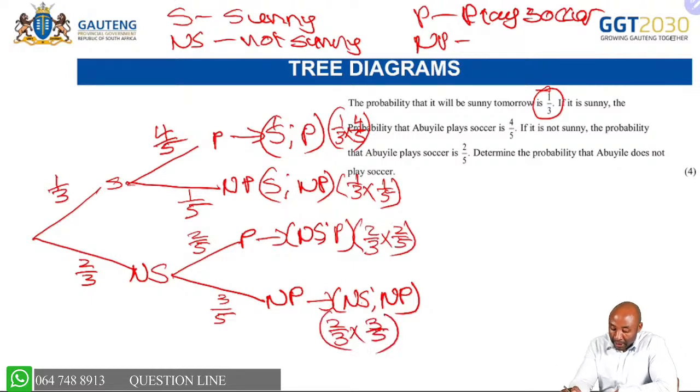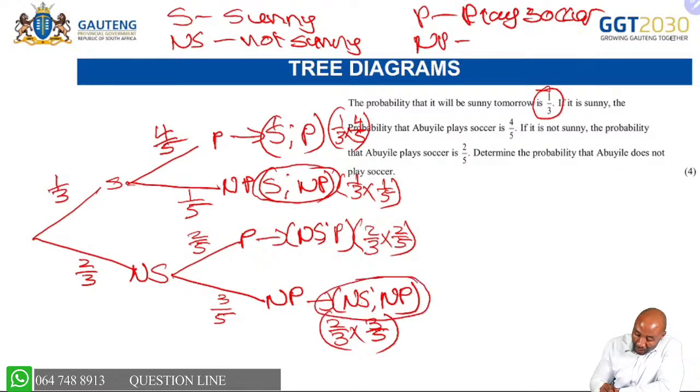The question is, determine the probability that Abuile does not play soccer. So you are looking at where we are having NP, which is that one, as well as this one. So either it can be sunny and he does not play, or it cannot be sunny and he does not play.